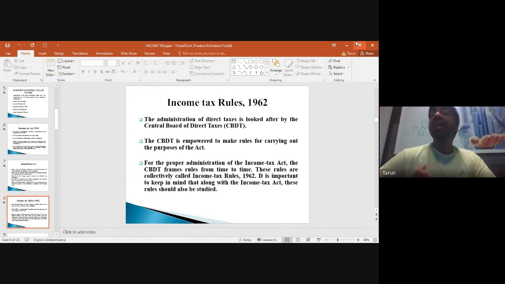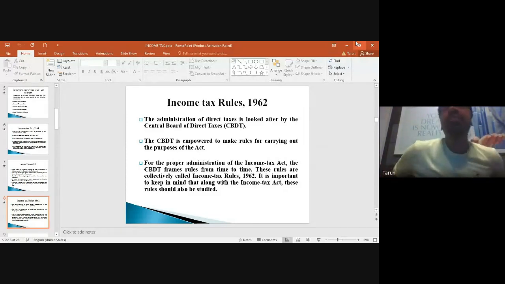It is very important to keep in mind that, along with the Income Tax Act, these rules should also be studied. We always think about the acts, and it's true that under income tax law in practice there are plenty of acts you have to remember.